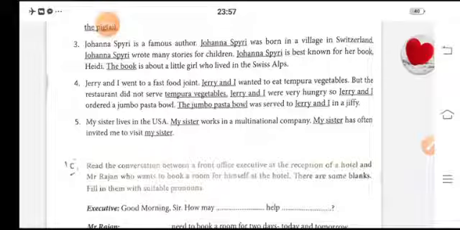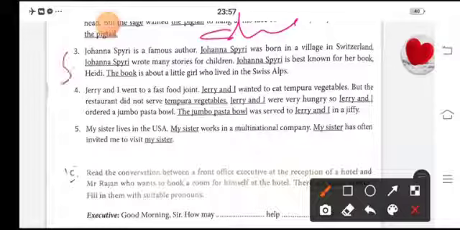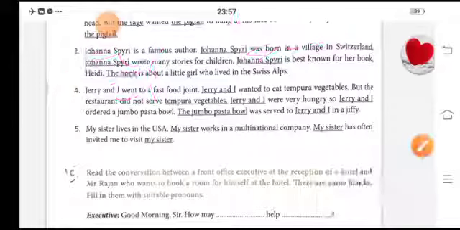Johanna Spyri is a famous author. She was born in a village in Switzerland. She wrote many stories for children, and she is best known for her book Heidi. It is about a little girl who lived in the Swiss Alps.